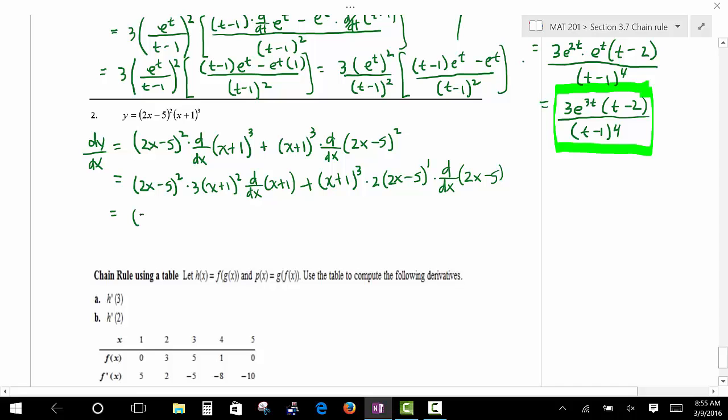You want to do 1 and 2? What's that? You want to do 1 and 2? Yeah, try both of them.